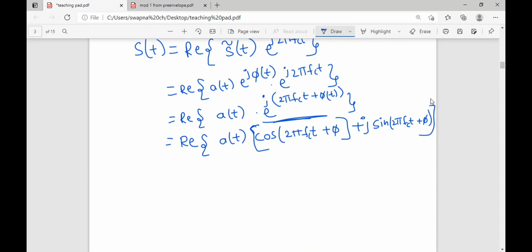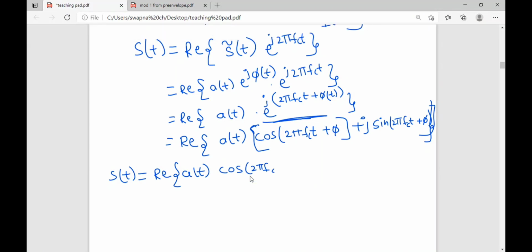Now you multiply a of t to both. So s of t will be equal to real part of a of t into cos 2 pi fct plus phi plus j into a of t sin 2 pi fct plus phi.